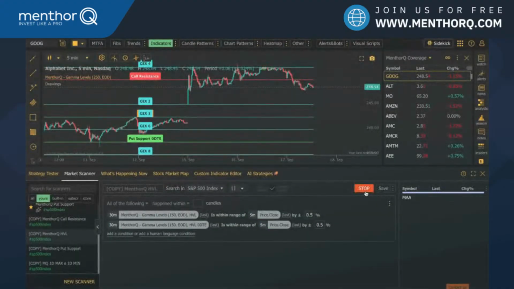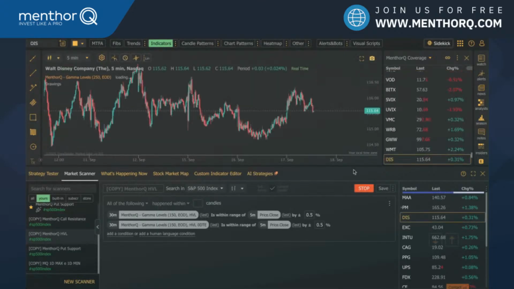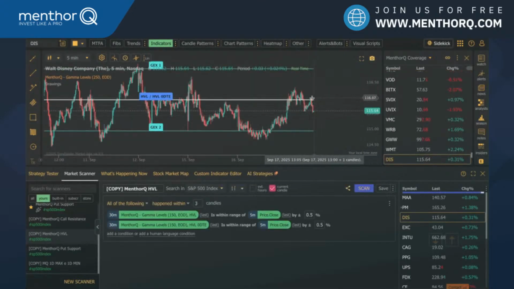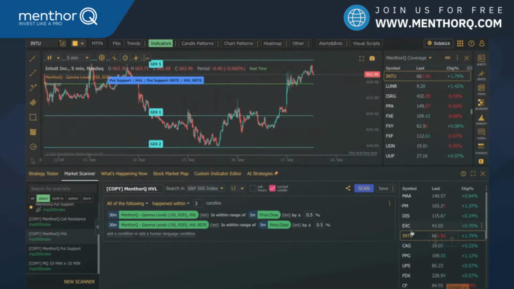This is all integrated via API, so you have access to all our coverage and data. Now I can quickly go through each of the stocks that are 0.5% away from the high vol level, and I can see immediately on the chart how the price could react. So if I would love to trade off this level, I now have an intraday real-time scanner that can give me that.